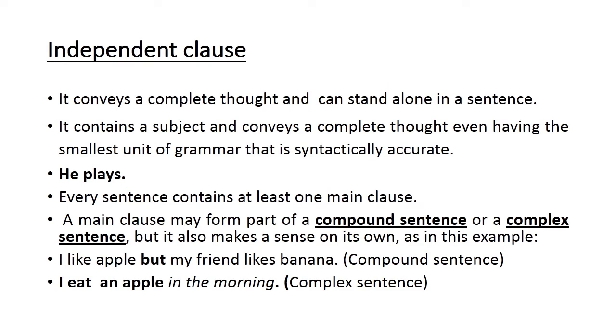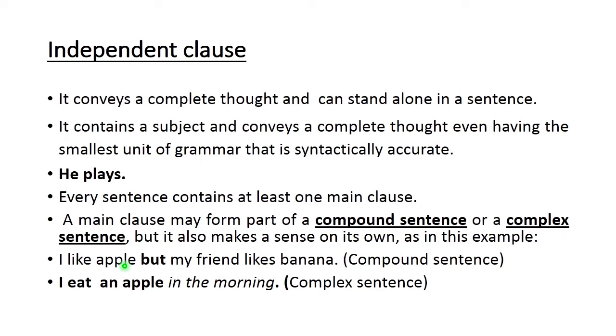Every sentence contains at least one main clause, and a main clause may form part of a compound sentence or a complex sentence, but it also makes sense on its own, as in this example: I like apple, but my friend likes banana.